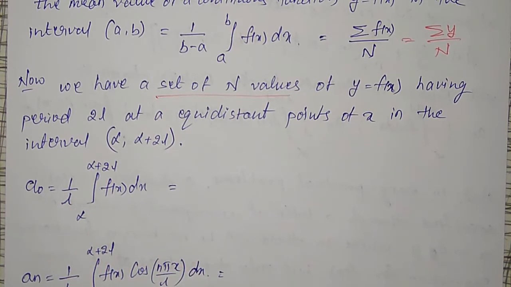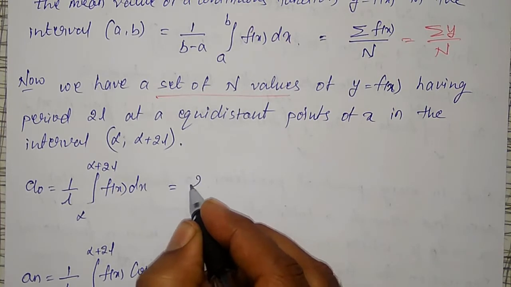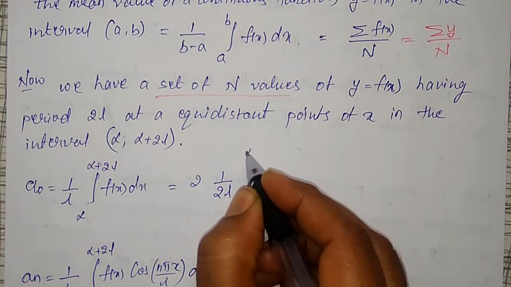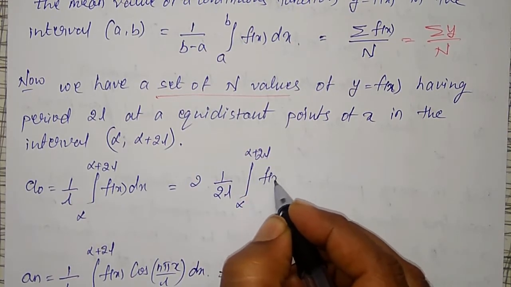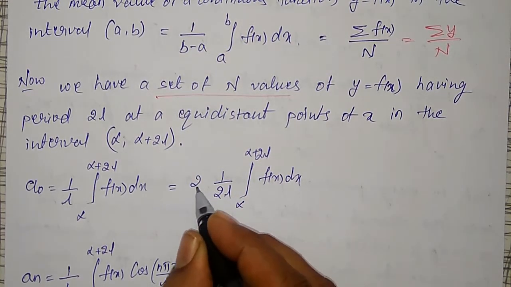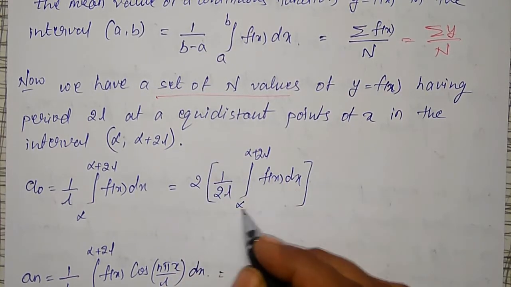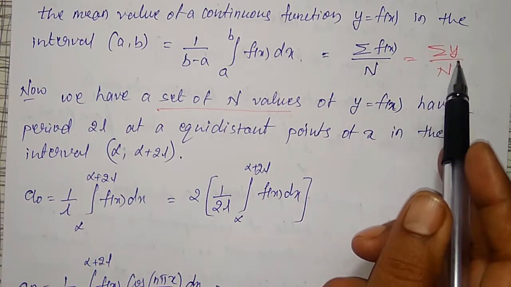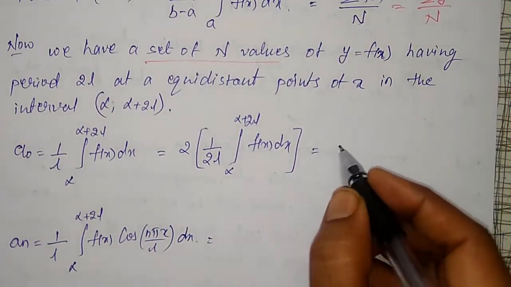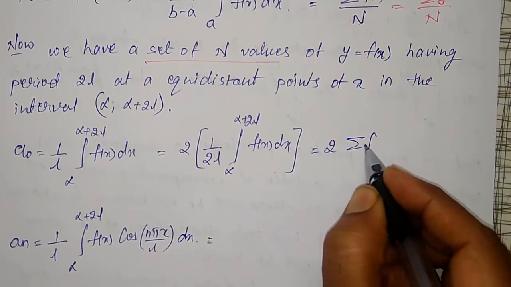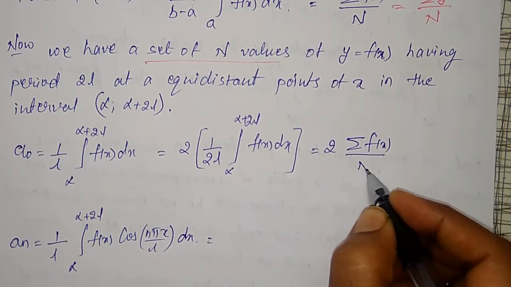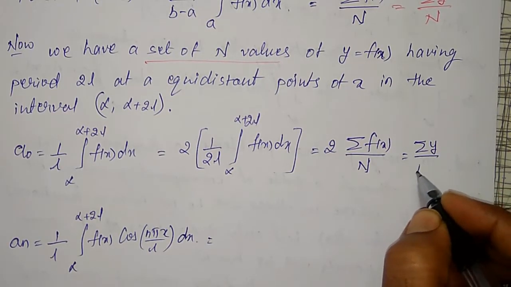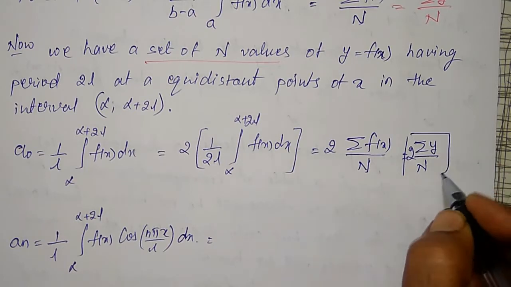That's why I will multiply by 2 and divide by 2l. Therefore, this bracket can be replaced by the mean value of the continuous function f of x, that is summation of y divided by n, so I can write it as 2 times summation of y divided by n, which is nothing but my a naught.